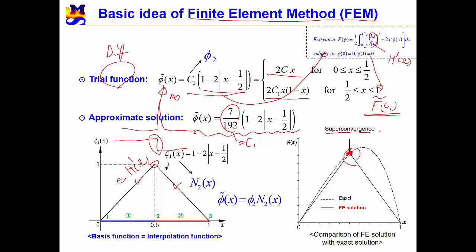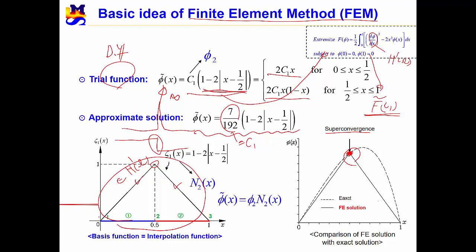Even though these good characteristics of superconvergence cannot be guaranteed for all problems, this example, I think, is sufficient for us to expect something for practical application of this approach. Now I'm going to find some goodness we can earn by using this kind of simple basis or trial function.